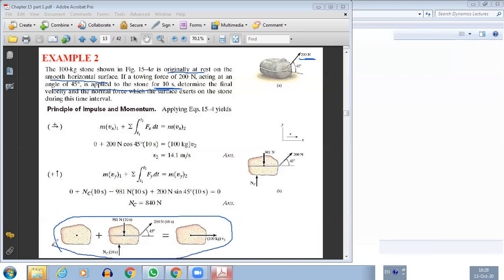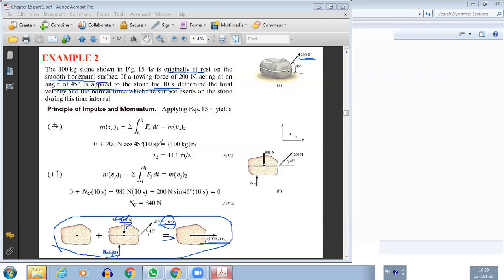Initially it was at rest, then plus, you don't need to draw the normal and the weight component, but there is a force applied for 10 seconds at an angle of 45 degrees, and the result is that this stone is now moving in the x direction, mv2. So this is the diagram.